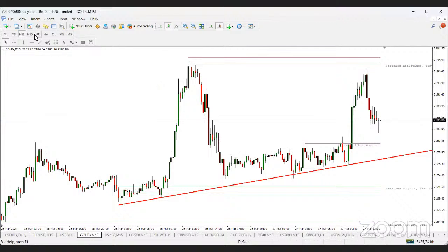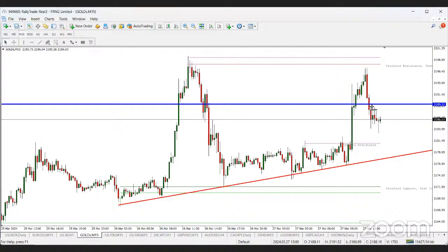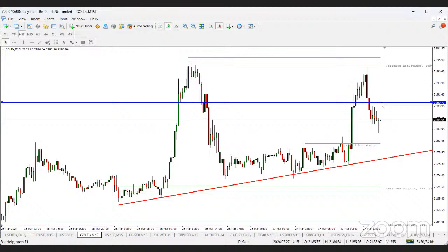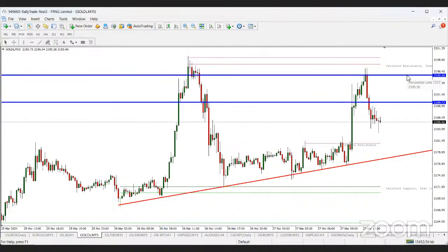So that said, if I'm trading gold, I think that I can go in for my buy above this point here, where we have a kind of range. I can go in at around 21.89.70. I can buy gold from around 21.89.70 and expect it to return to this place at around 21.95.